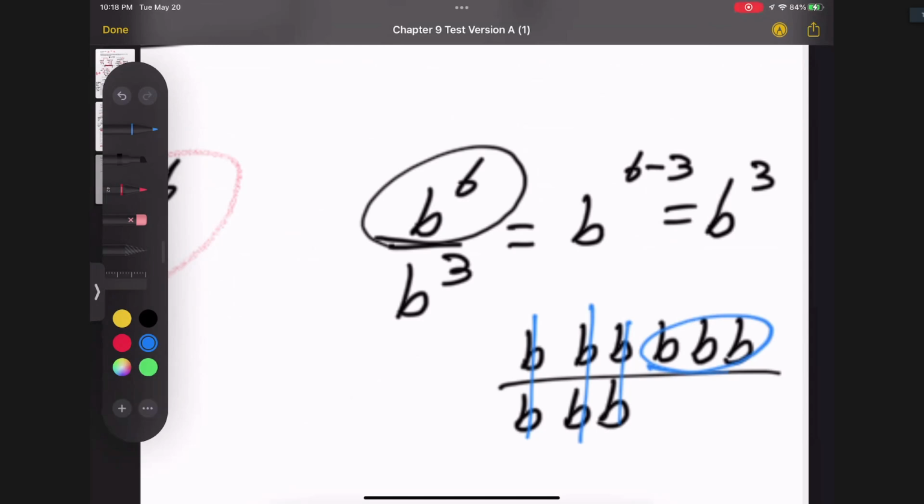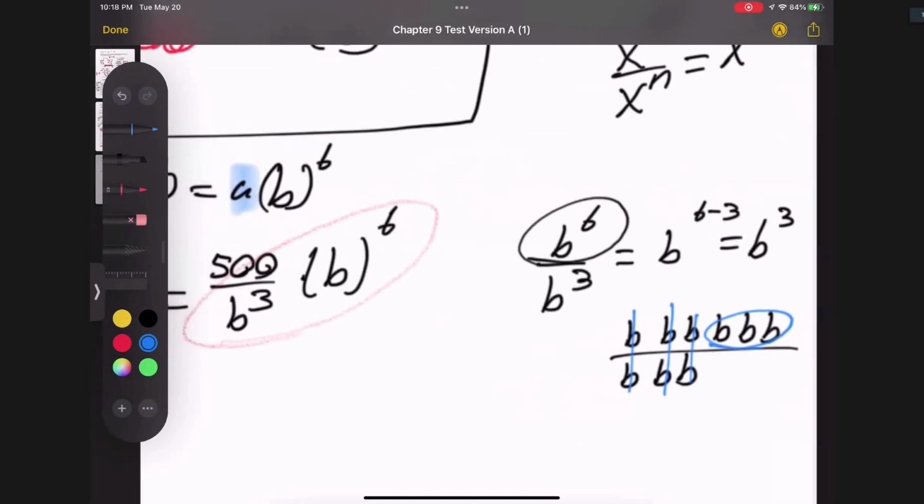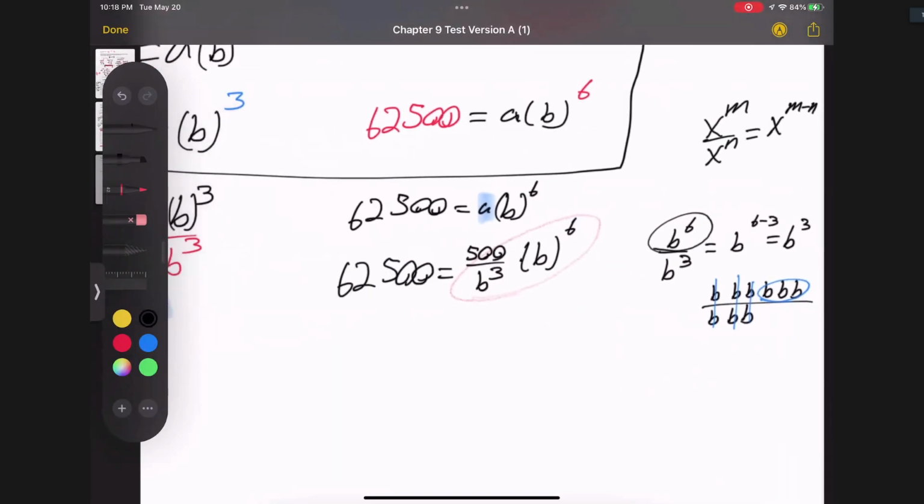And where are they located? At the top of the fraction, the numerator. So that's going to be b to the power of 3. So if I were to simplify this down, this is going to be 62,500 is equal to 500 b to the power of 3. I'm simplifying as much as I can.